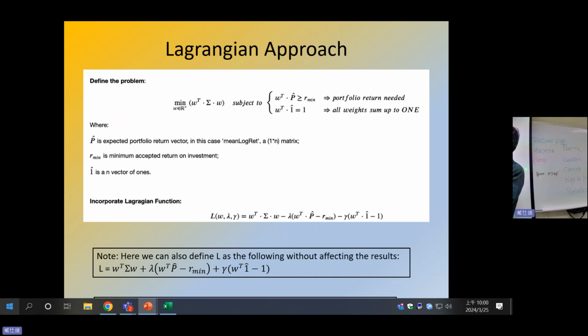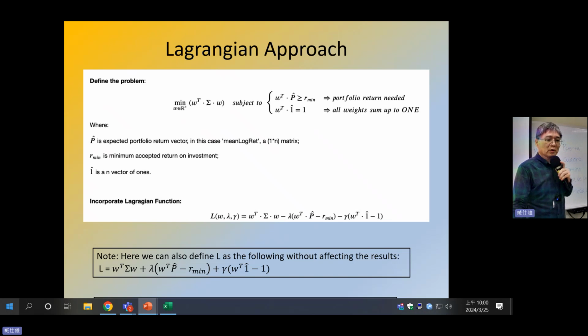But basically this is the same as using lambda 1 and lambda 2, except now it uses the negative. So I just add a note here: you can also define lambda as the following without affecting the results. You can also use lambda plus lambda and plus gamma. It doesn't affect your results.